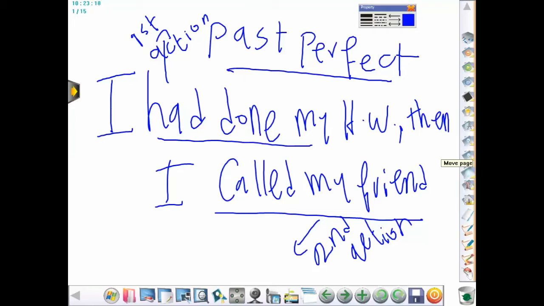And the second action here, as we studied it many times before, this is past simple. So, the first action, it's in the past perfect. That's why I always call the past perfect the past of the past, because this is the past simple. The action that happened before the past simple, this is the past perfect. This is the idea of the past perfect, okay?